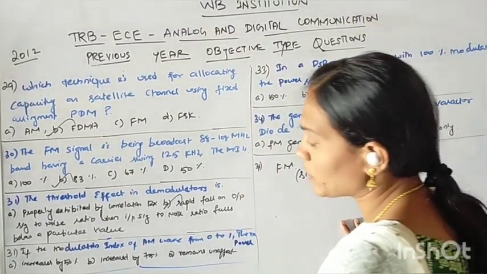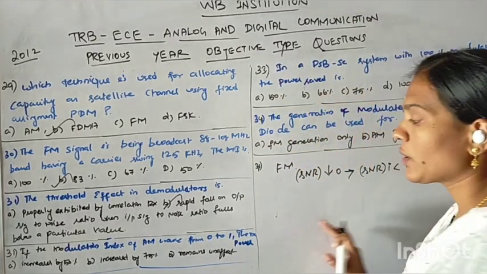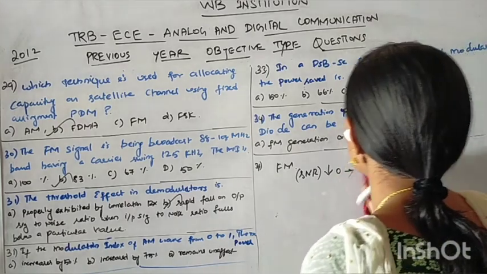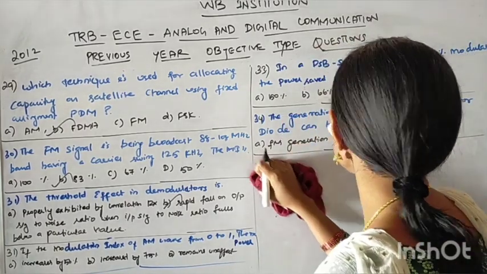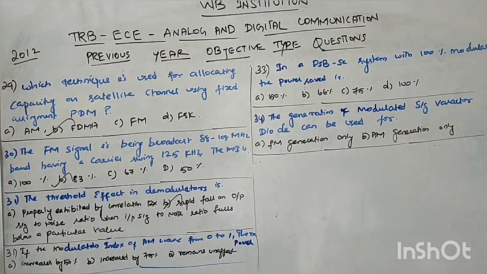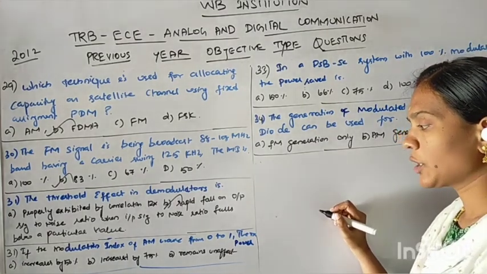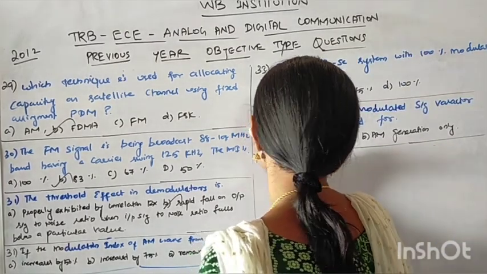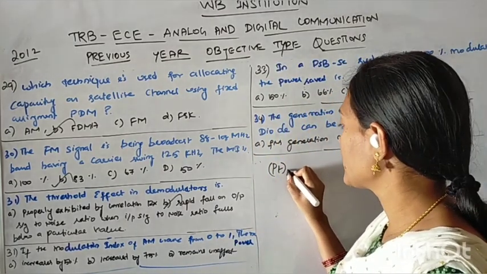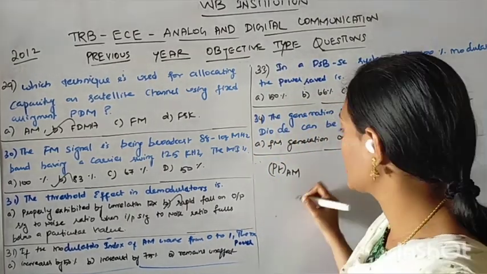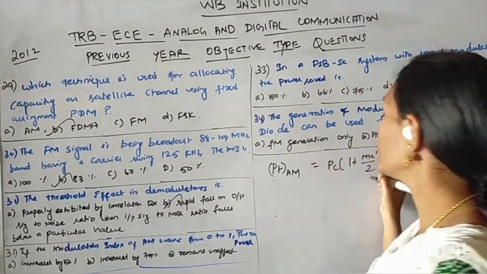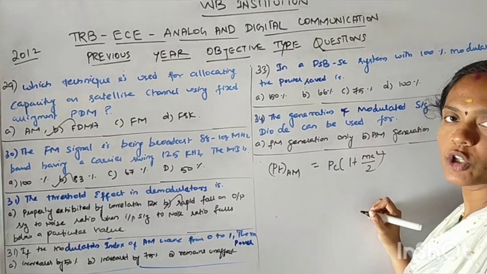So next question: if the modulation index of the AM wave varies from 0 to 1, the transmission power is? They have asked for the transmission power. We know the transmitted power formula for an AM wave: PT equals PC into 1 plus MA square by 2, where MA is the modulation index.